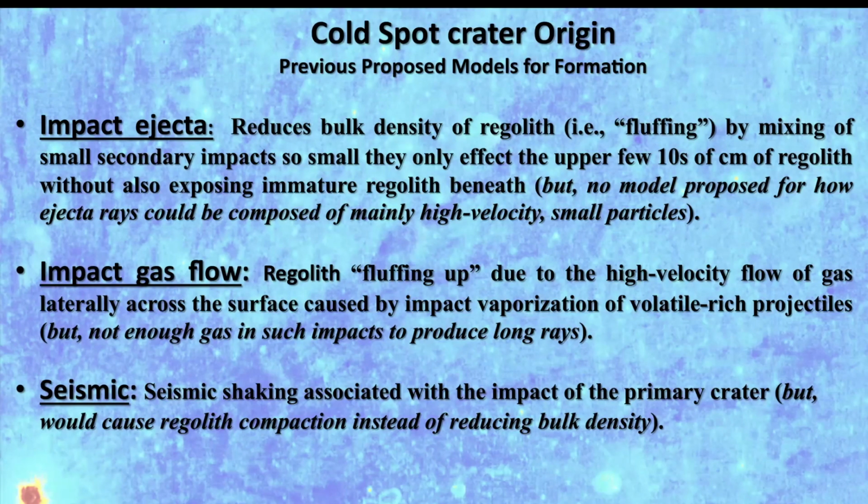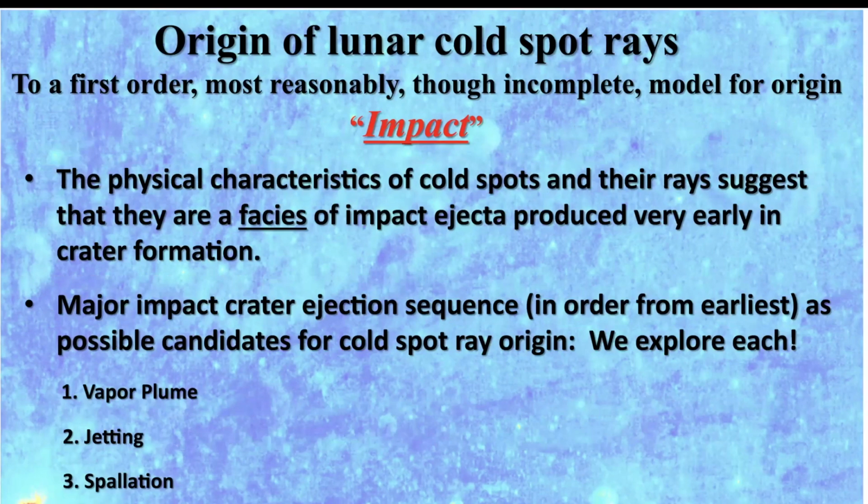But generally it's thought that seismic shaking would compact or increase the bulk density, lowering the thermal inertia. So, to a first order, the most reasonable, though incomplete, model for origin, just going back to first principles, is to look at the impact process itself.